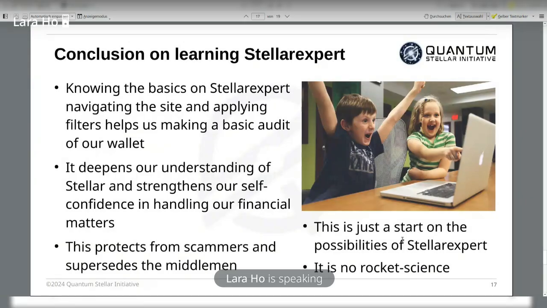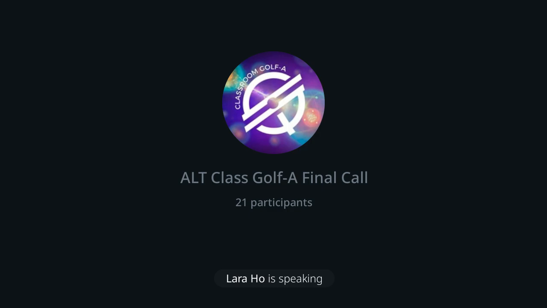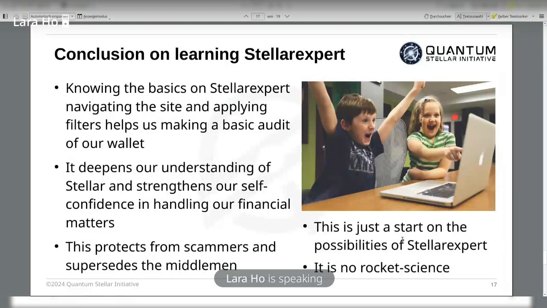Therefore, it gives us sovereignty. Knowing our turf is the best protection from scammers, and we do not need any middleman anymore. Of course, Stellar Expert holds much more possibilities of financial forensics, but for our purposes, we have seen that this is no rocket science and we can do it.